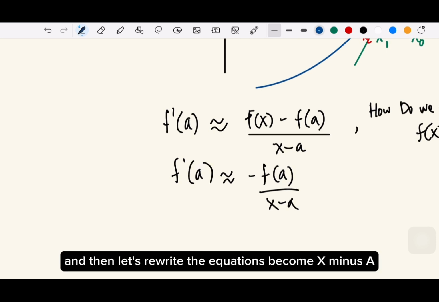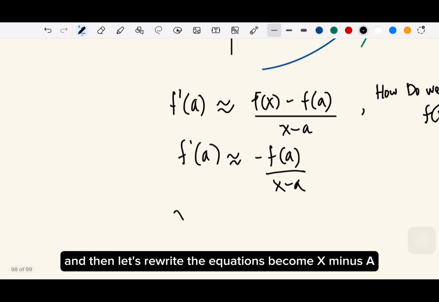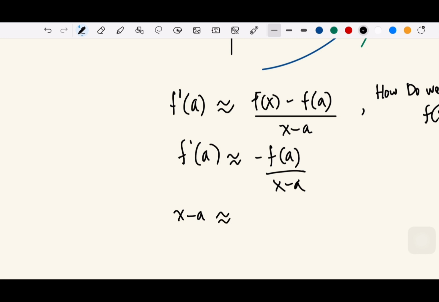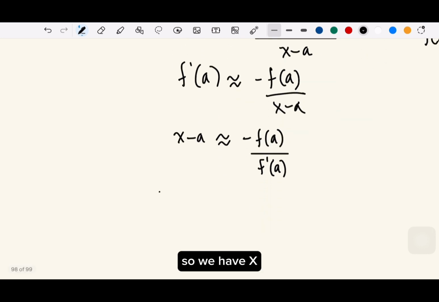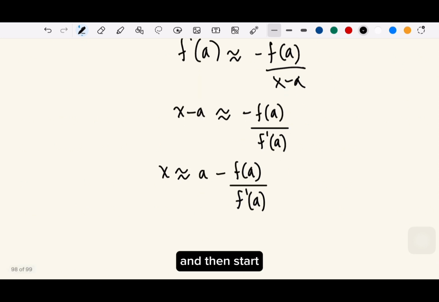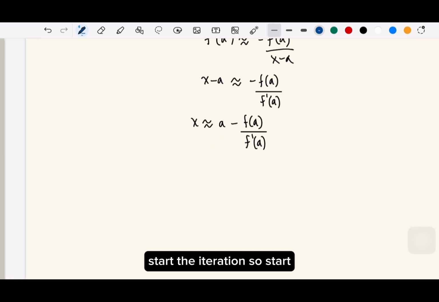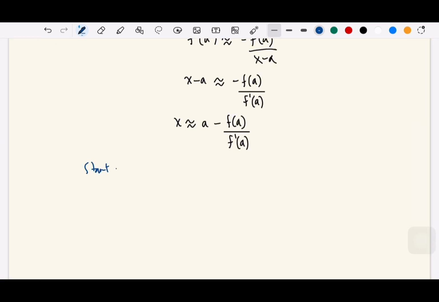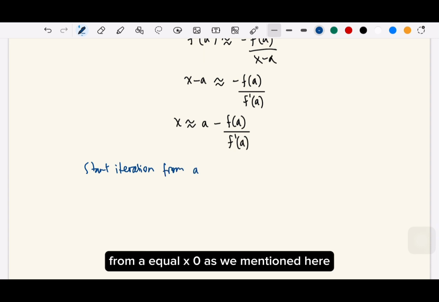Let's rewrite the equation as x minus this, and then start the iteration from a equal x0.